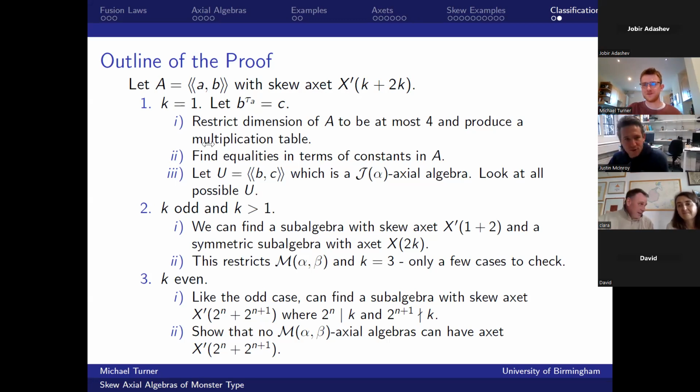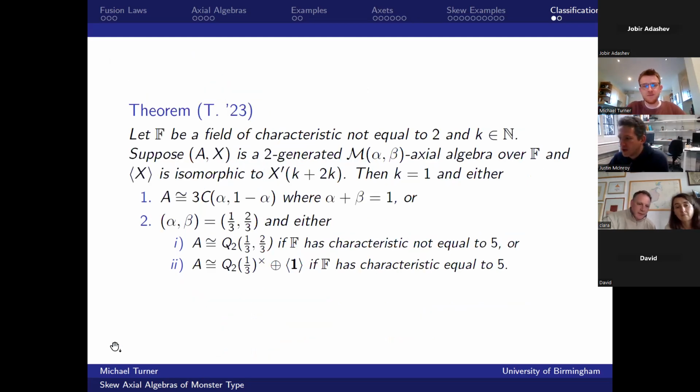I've got a couple of questions. Do you know what the automorphism groups of these algebras you found are? Are they all just S3? I imagine the 3C is going to be S3. Yeah. But the other one, of course, isn't, is it? No. The other one's probably a V4, Klein 4 group.